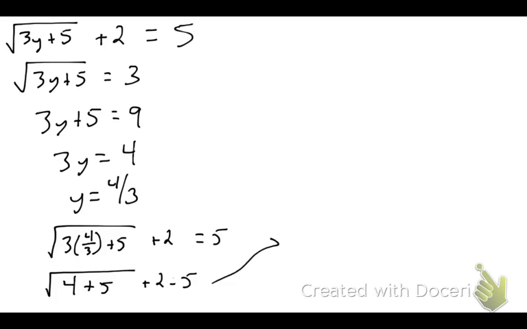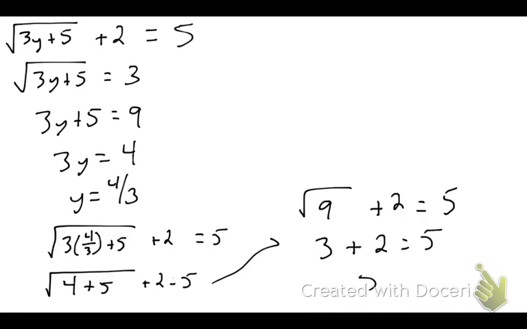The square root of 4 plus 5 is the square root of 9. Plus 2 should equal 5. The square root of 9 is 3. 3 plus 2 does equal 5. So it definitely checks out. Y equals 4/3 is my solution. Let's try one more.